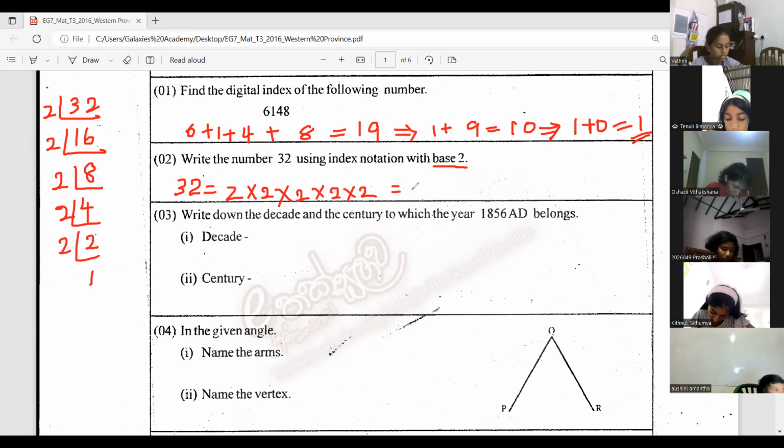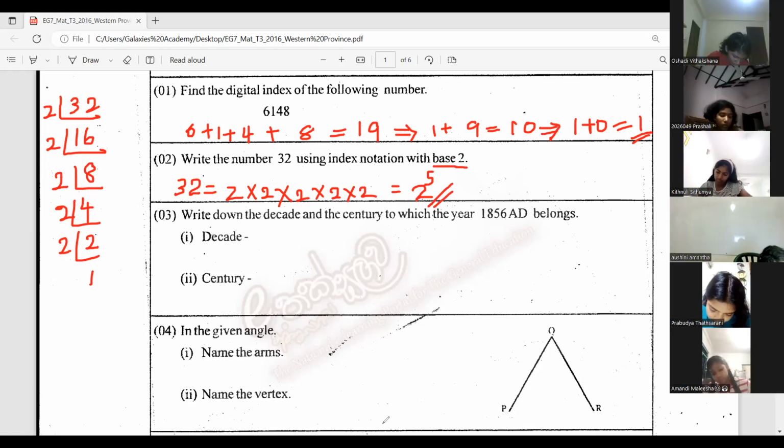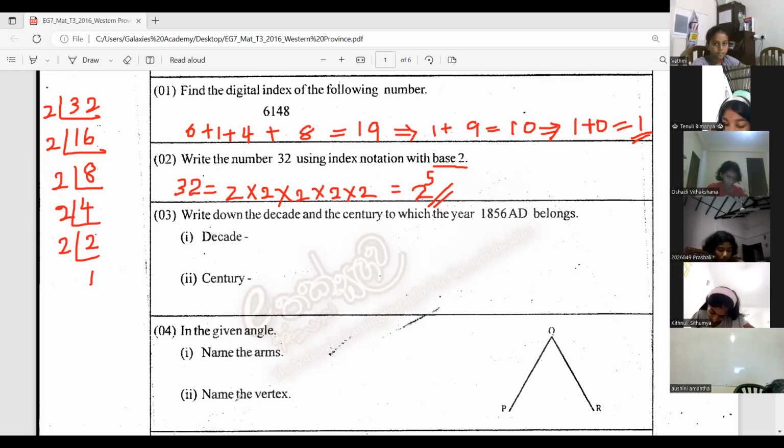Then the index notation is 2 to the power 5. Right, it is the answer to the second one. Right, then look at the third one.